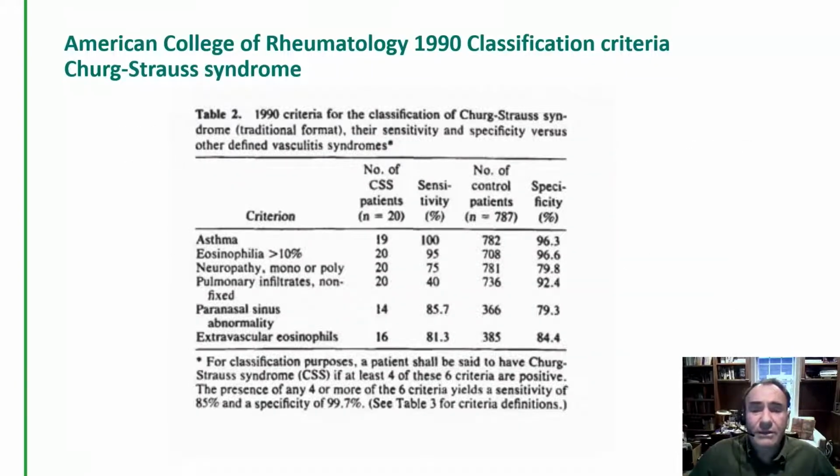For the criteria that were put out for Churg-Strauss syndrome, also in 1990, you had these 6 items: asthma, eosinophilia in the blood, neuropathy, pulmonary infiltrates, paranasal sinus abnormalities, and extravascular eosinophils seen on a pathology specimen. For classification purposes, a patient was said to have the condition if at least 4 of these 6 criteria were positive.